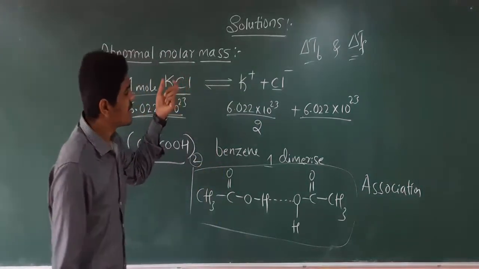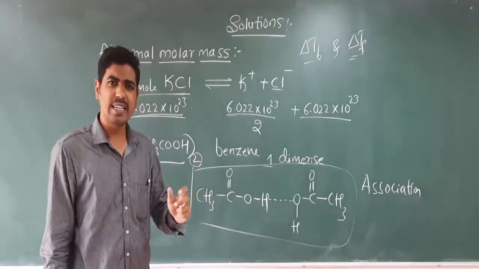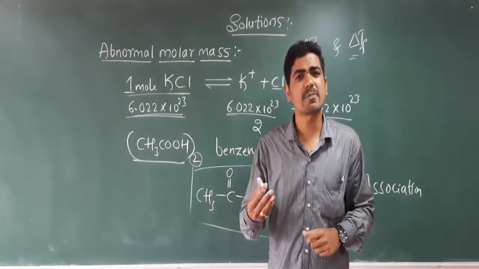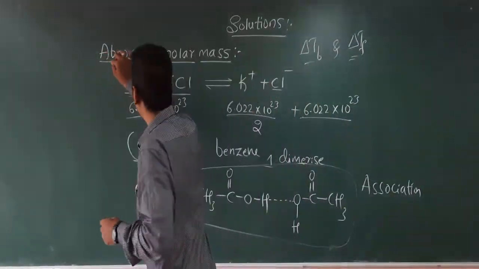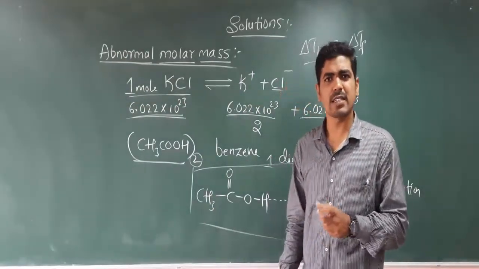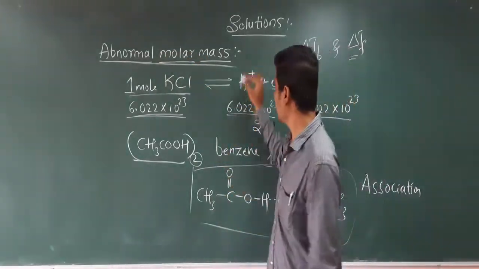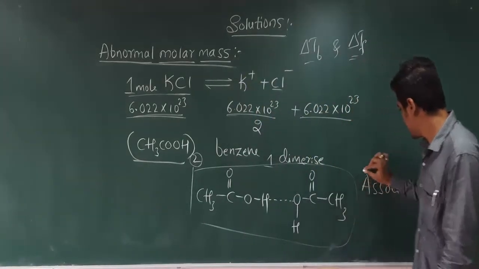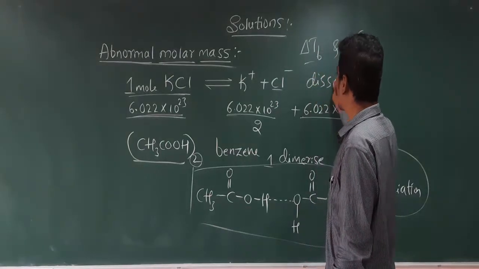So this change in the molar mass of the solute, either a higher value or a lower value than the expected value, is known as abnormal molar mass. It is not normal molar mass, it is abnormal molar mass, and the reason for this abnormal molar mass is either association or dissociation.